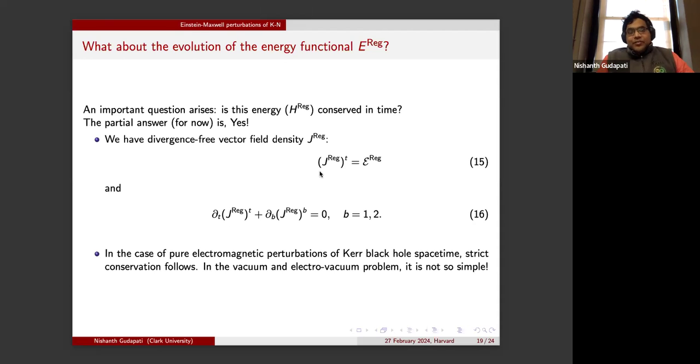So, for example, if you start with compactly supported initial data, the future development is on the future of the region where the data is initially supported in that compact region, right? But for the gravitational problem, it is not necessary that the data stays within that compact region, because, of course, Einstein equations have finite propagation, but you need to choose the right gauge for that, and this is not the right gauge.